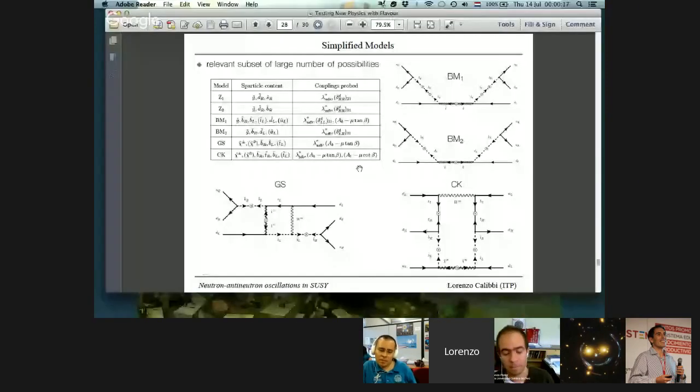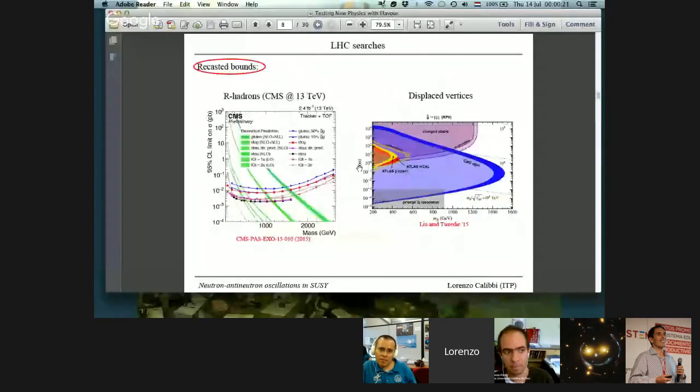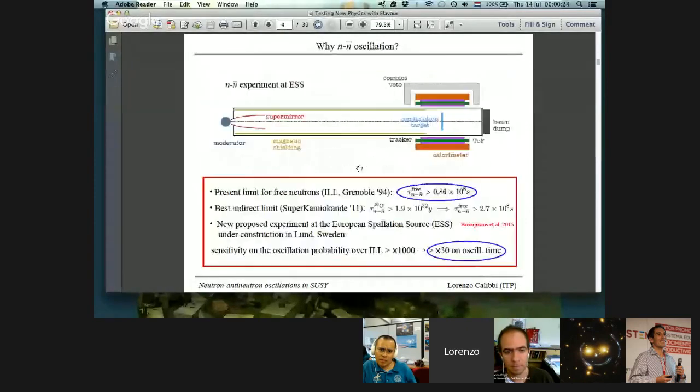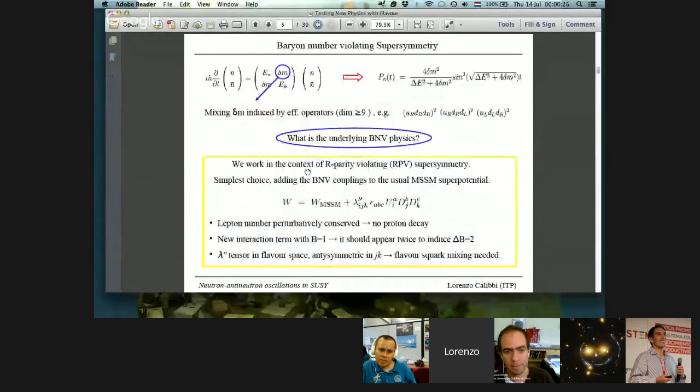Please. So one of them is, when you presented your initial slides, you presented the initial Hamiltonian for oscillations, and you don't include an absorptive term. Why is this? So the decay, you mean? Yeah, the width. Exactly. Basically, on the time scale of these experiments, our neutrons are to a large extent stable.